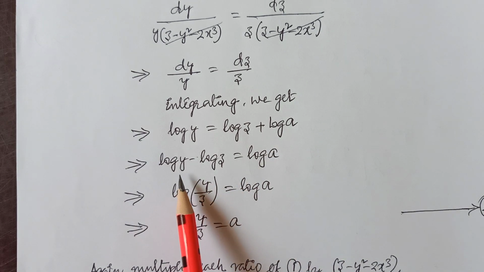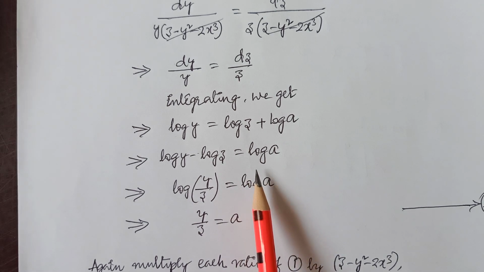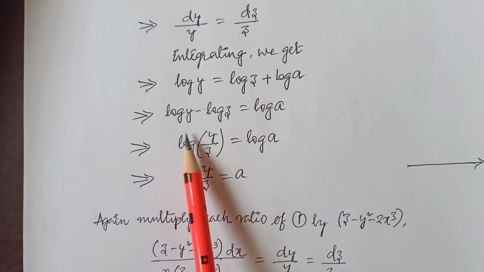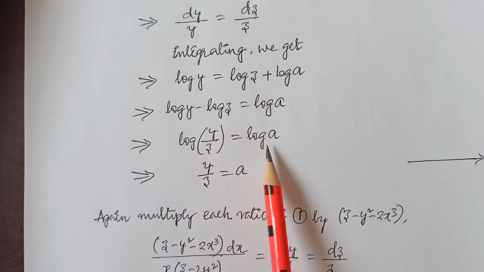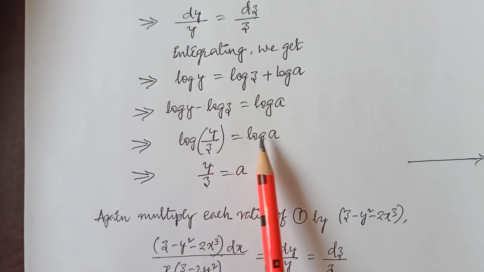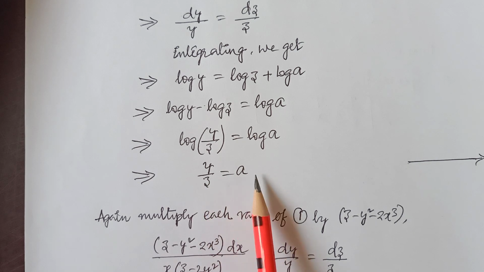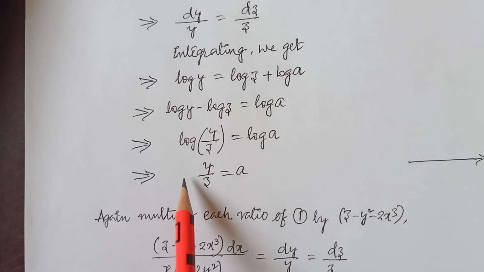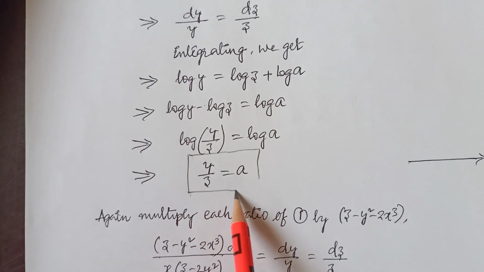So log y minus log z is equal to log a. Log y minus log z can be written as log of y by z, equal to log a. Both sides the logarithms cancel, and therefore y by z is equal to a is the first independent solution. You can check this.